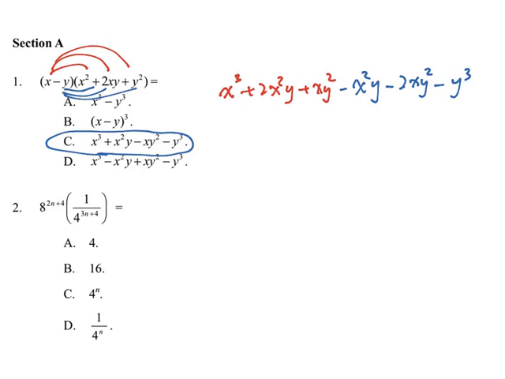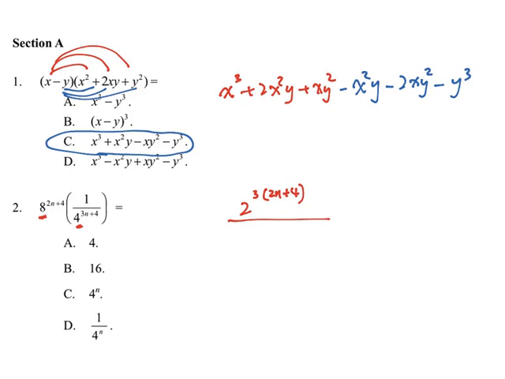Next, we look at question 2. For question 2, we look at the base of each term, x and 4. Actually, they are not the same. We can make the base to be the same. So for x is 2 to the power 3, so 3 times 2n plus 4.